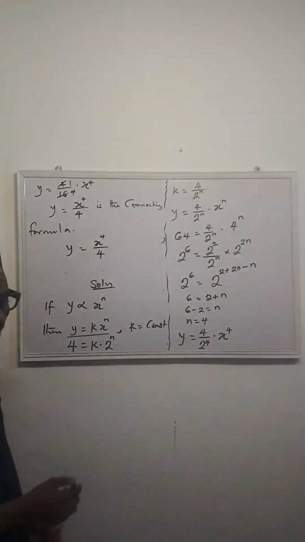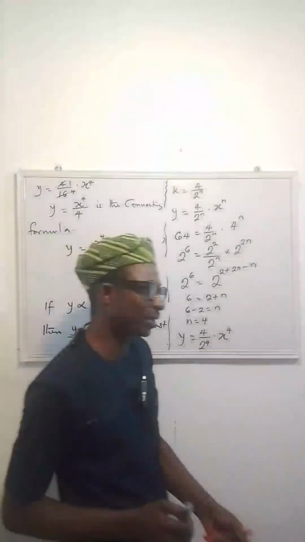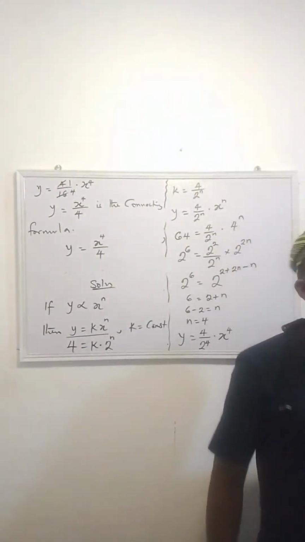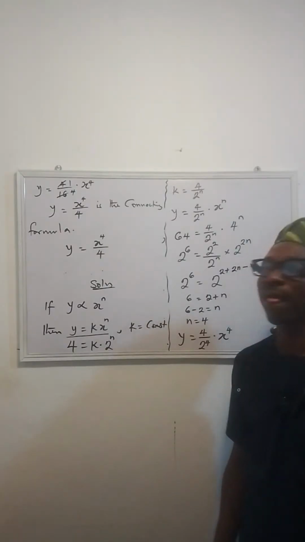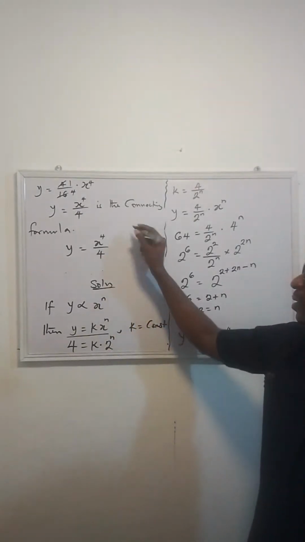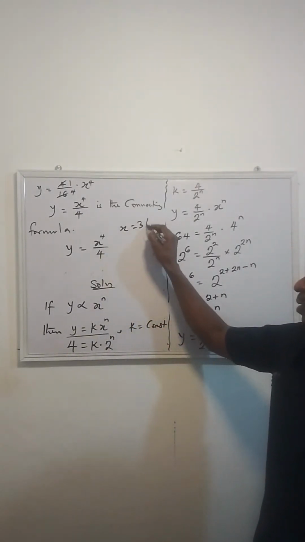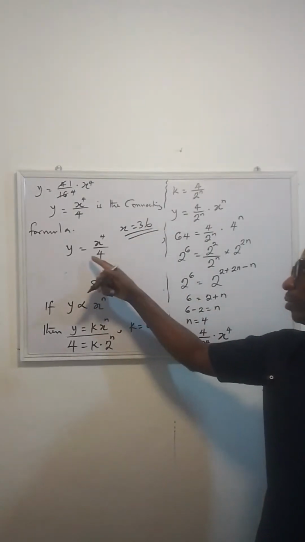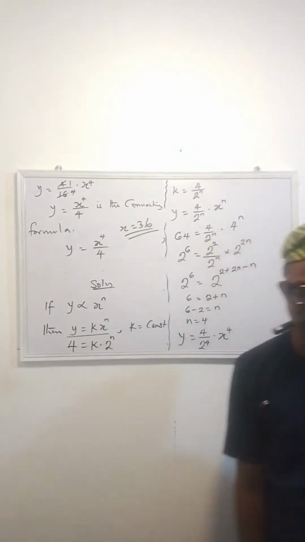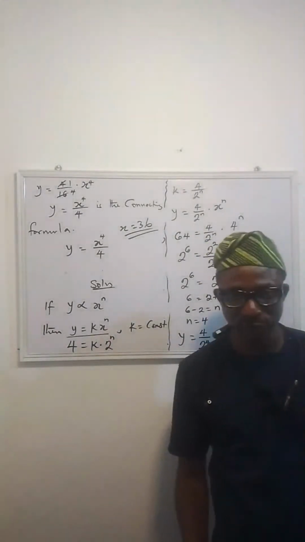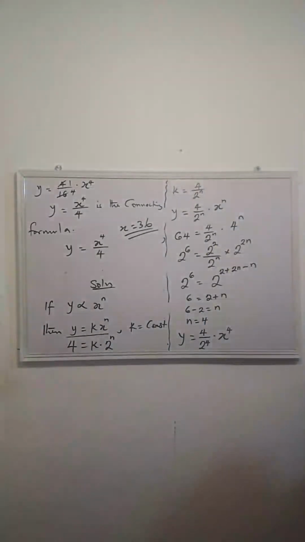So when x is 36, can you do that for me and tell me the answer? Let's see what is going to be the value of y. Do that and drop your answer in the comment section. I want to see the first person to give the correct answer.